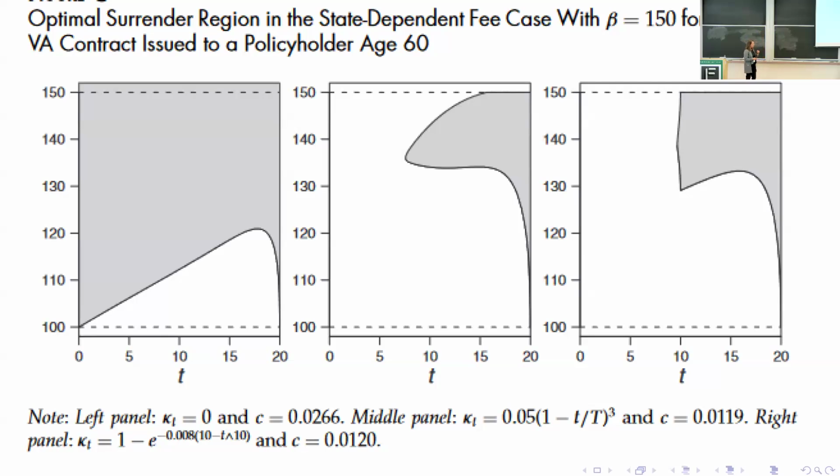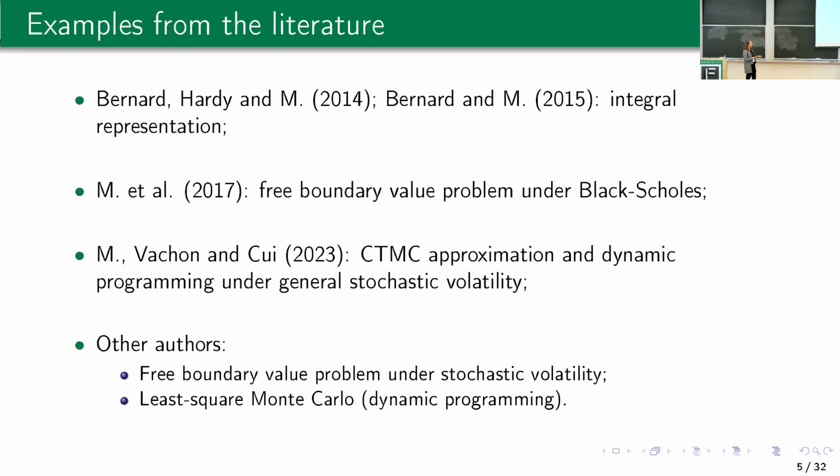So that's why it was interesting to identify cases where we knew that the t-section would be connected. So this was a bit the motivation for our work. And I think in general, the idea of how to manage or influence surrender, or policyholder incentives, using contract design is interesting.